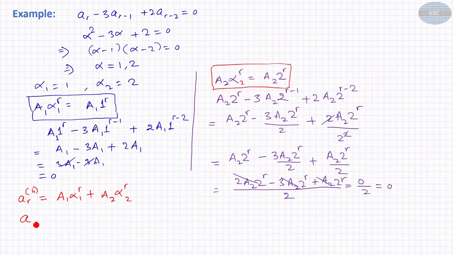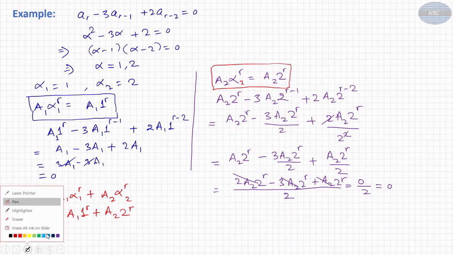Okay, so for this example, the homogeneous solution is a1 1 to the power r plus a2 2 to the power r. Okay, so this is the homogeneous solution.